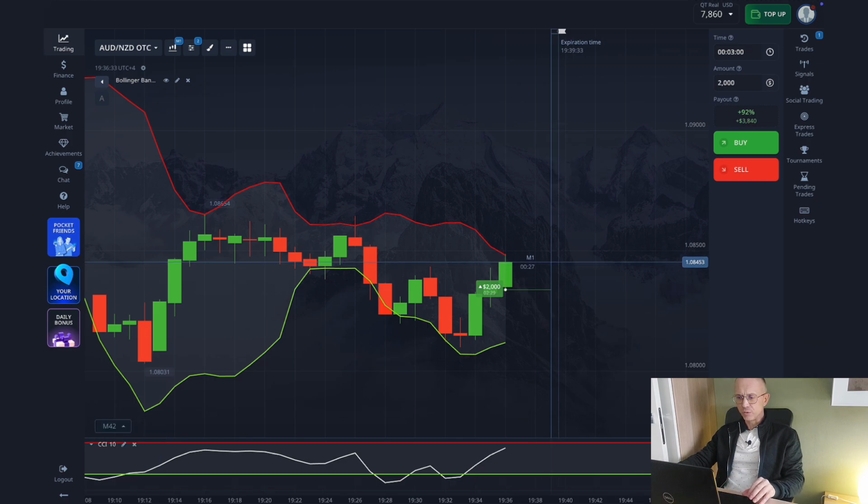This is a key rule for avoiding false entries and increasing the likelihood of successful trading. If one indicator lags behind and gives a signal later than the others, it's better to wait until all analysis tools are synchronized and give the same direction. This will help you avoid risks and ensure more accurate market entries.